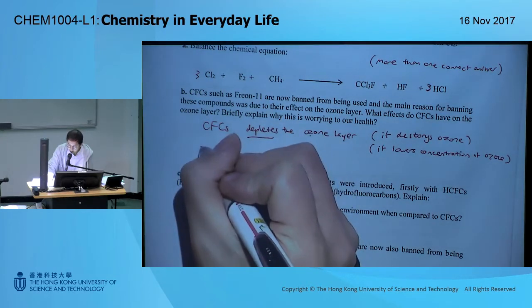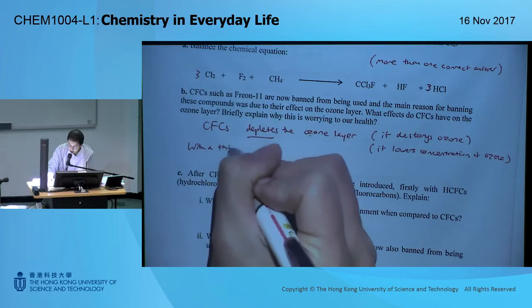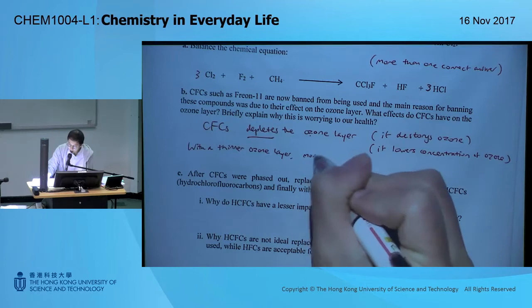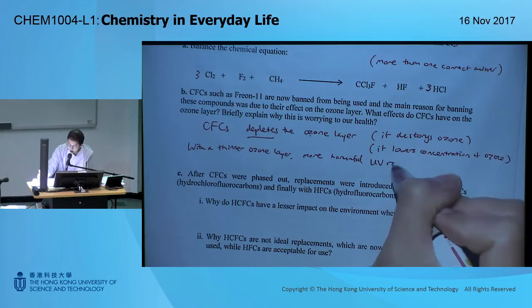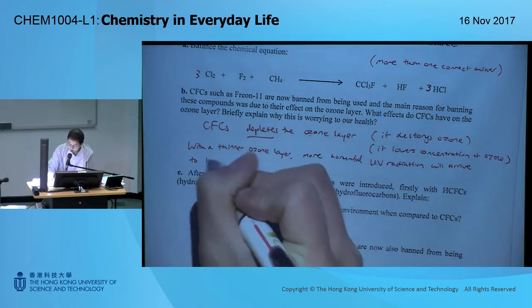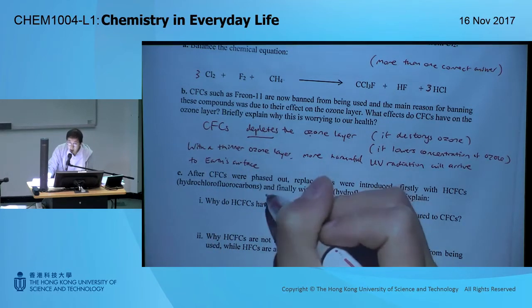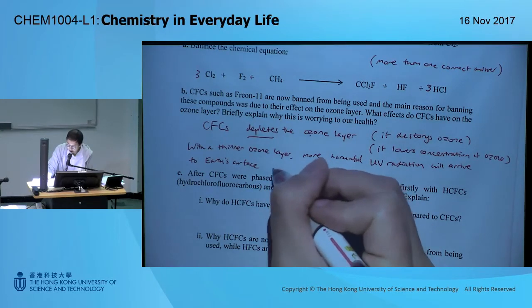Well, because with a thinning ozone layer, more harmful UV radiations will come down to the surface of Earth. And this can increase the risk for skin cancer or eye diseases, such as cataract.